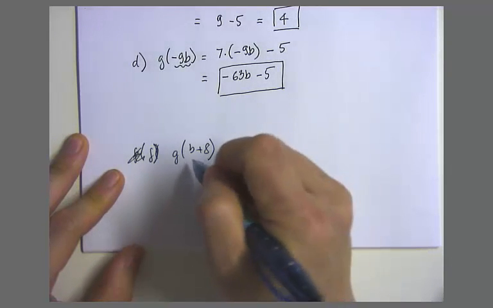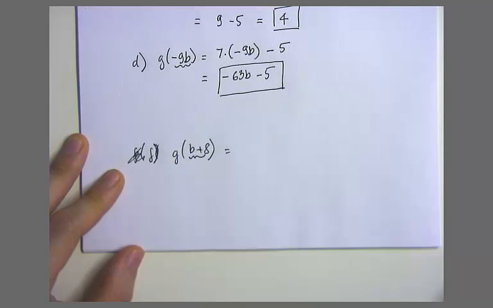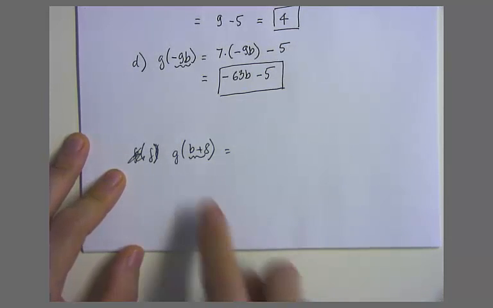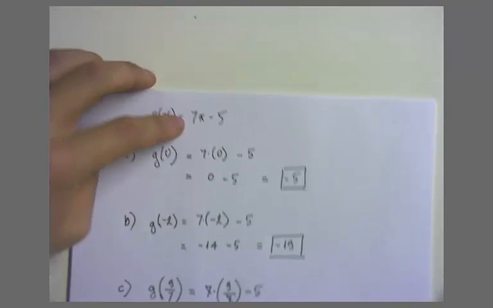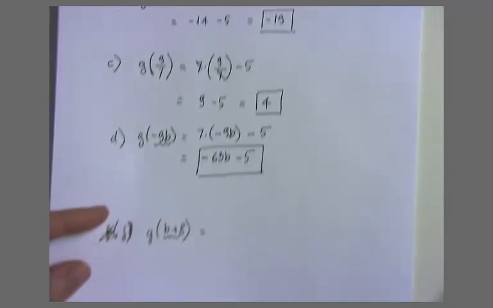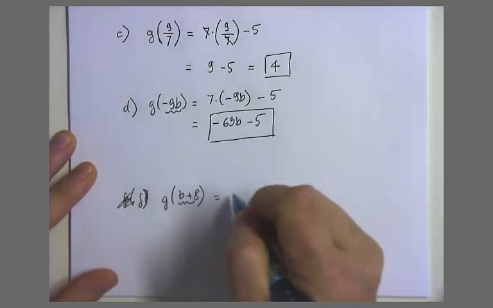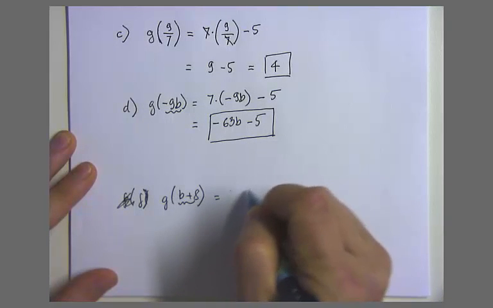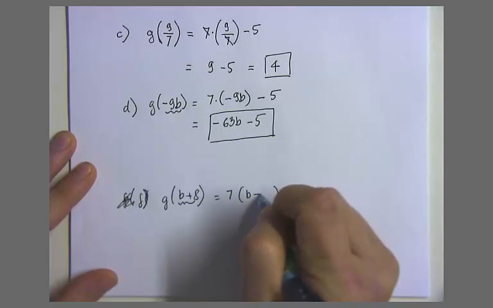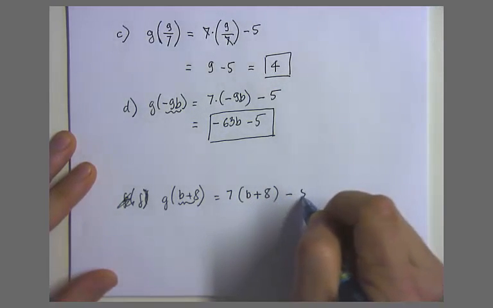You simply substitute the entire argument, the entire input, for the x in your original function formula. My function tells me to multiply my input by 7, and now the input is replaced by b plus 8, and then I subtract 5.